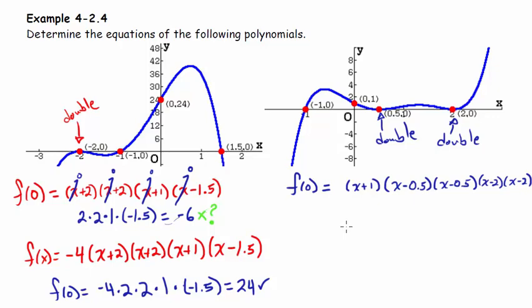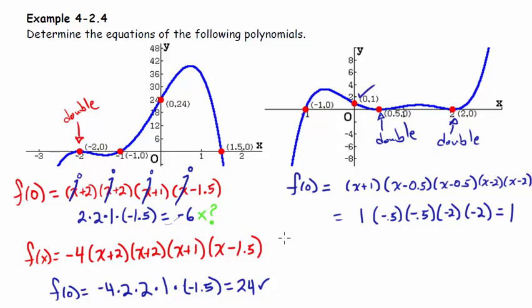If I plugged in 0, I would get 1 times negative a half times negative a half times negative 2 times negative 2, which would give me positive 1. Alright, and I think that's what we were looking for, a y-intercept of positive 1. So we got it our first go around.